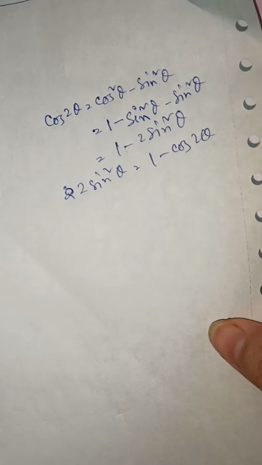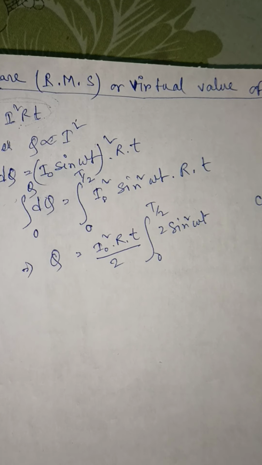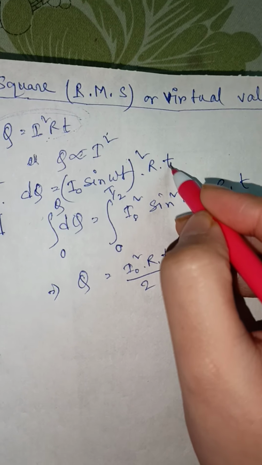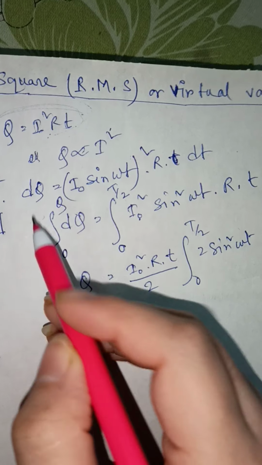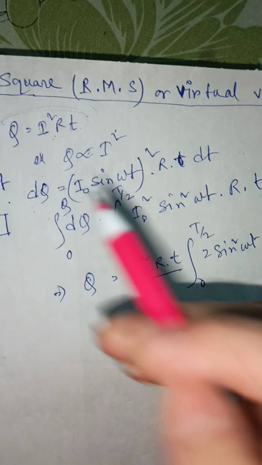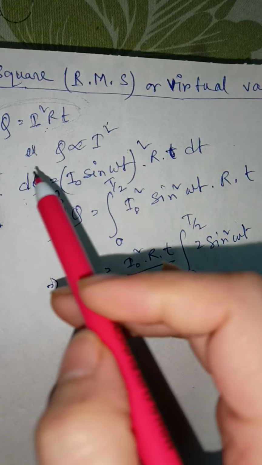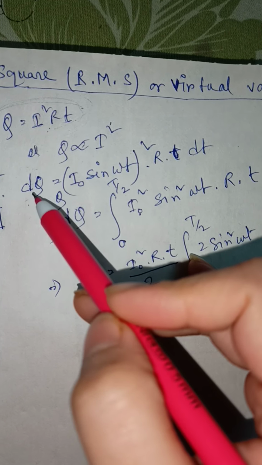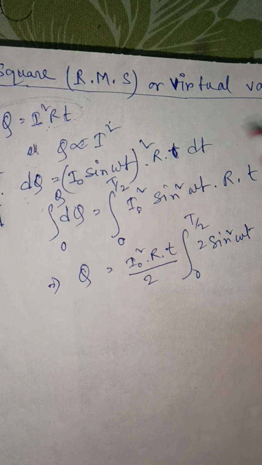Here I'm extremely sorry, this will be dt, right? Because here I am taking dQ amount of heat. dQ is the amount of heat which is produced for dt time.